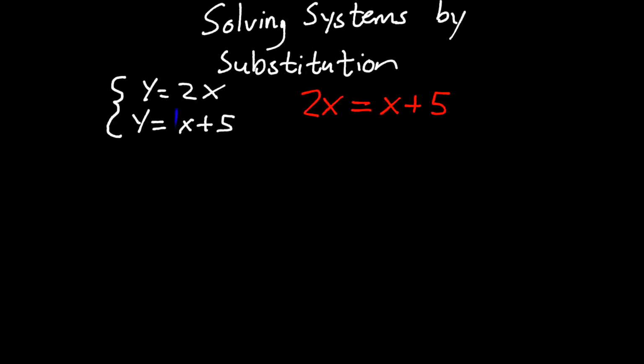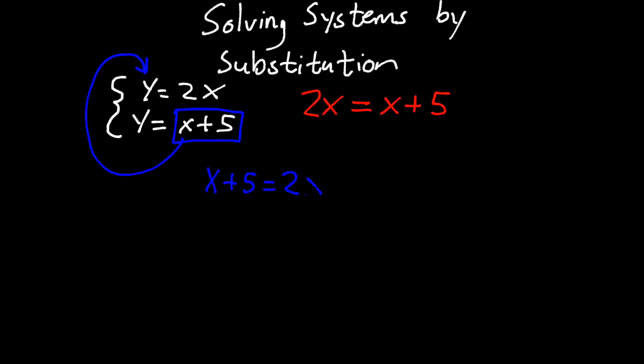Instead, I could have taken the x plus 5 down here, and I could have substituted this into the y up there. But notice, if I did that, I would have x plus 5 equals 2x. And these two equations right here, this equation in blue and this equation in red, they're exactly the same. They're just flipped around on the equal sign. So you'll get the same answer no matter what.